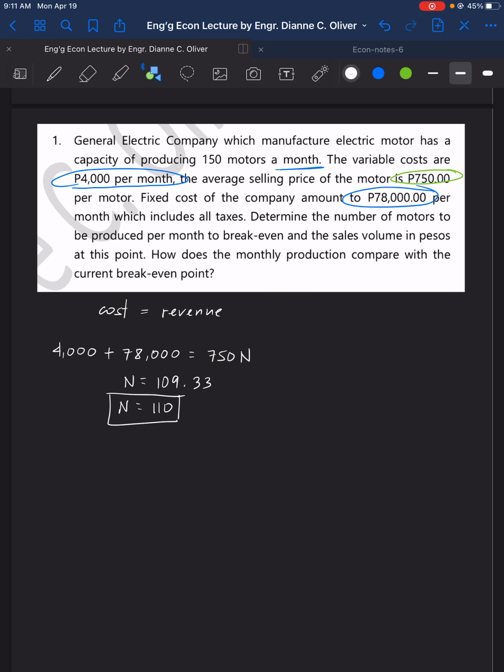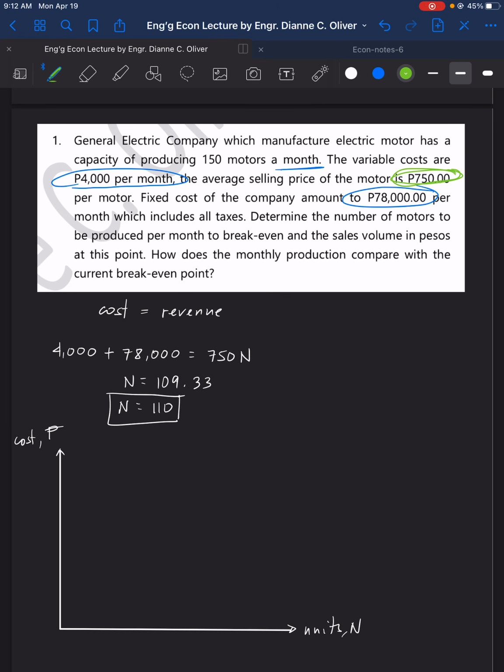So let's have a graph here. So this is in peso, and then we have here the number of units, and that is in N. Now let's have the 750 pesos per motor.